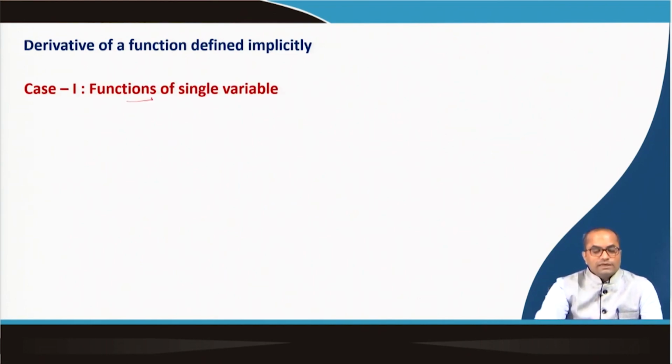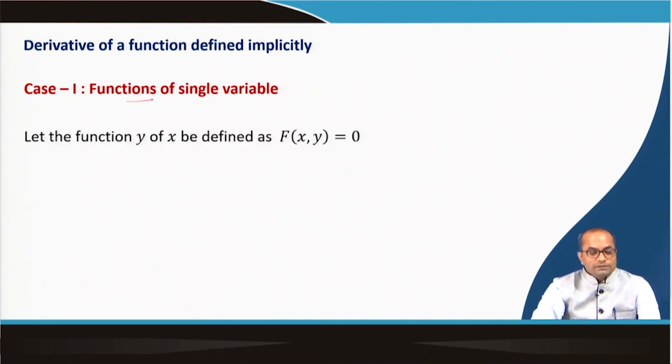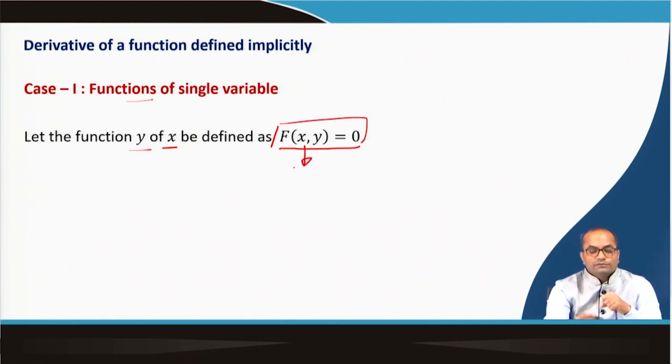So, suppose we have a function of a single variable, that means y is a function of x, and it is defined implicitly in the form f of x comma y is equal to 0. So, some relation of x and y is given equal to 0. It is not defined explicitly as y is a function of x.